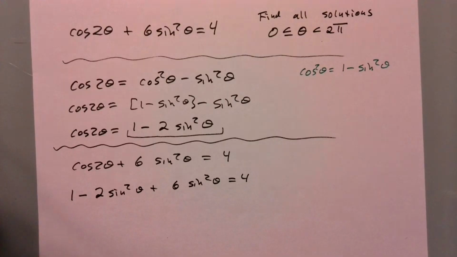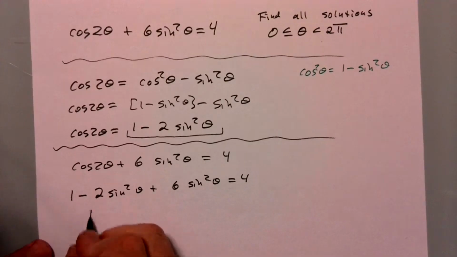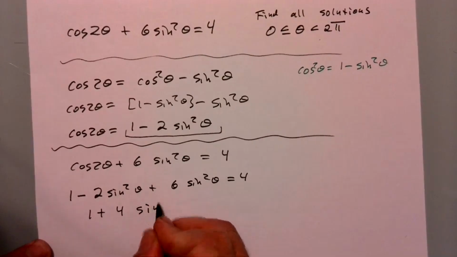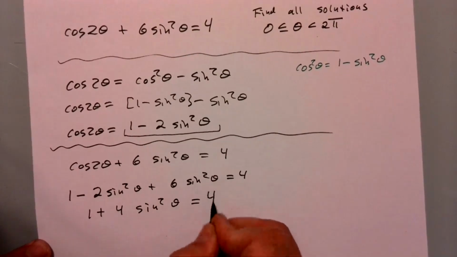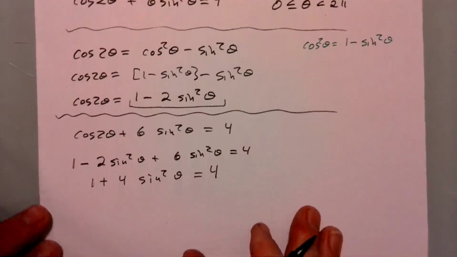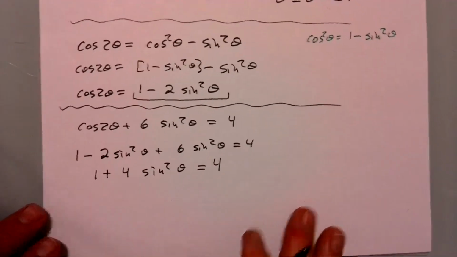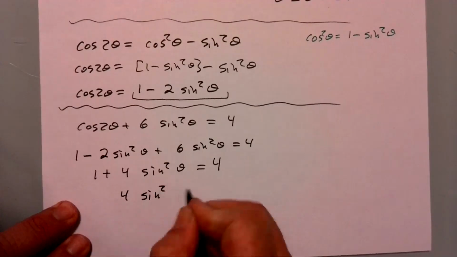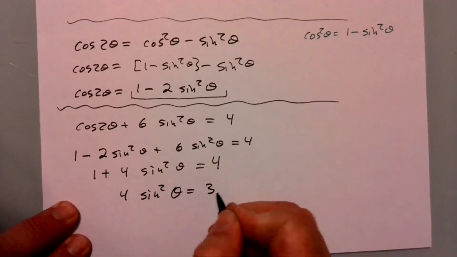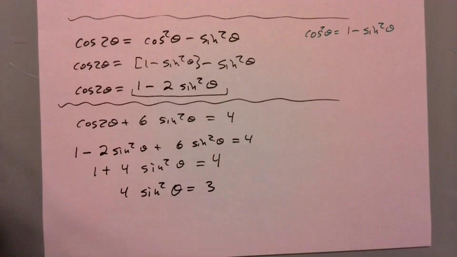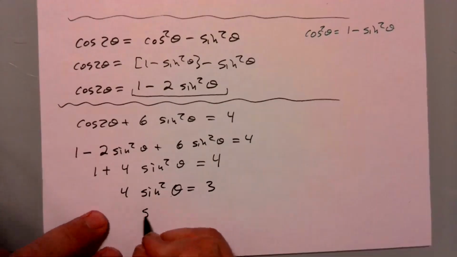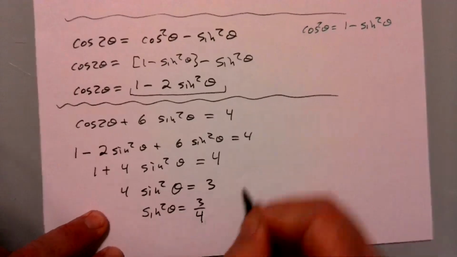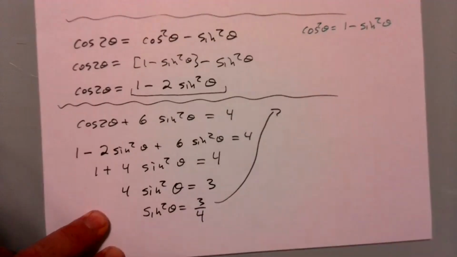So 6 minus 2 is 4, so I get 1 plus 4 sine squared theta equals 4. Let's subtract 1 from both sides. So now I have 4 sine squared theta is 3. Divide both sides by 4. Sine squared theta is 3/4.